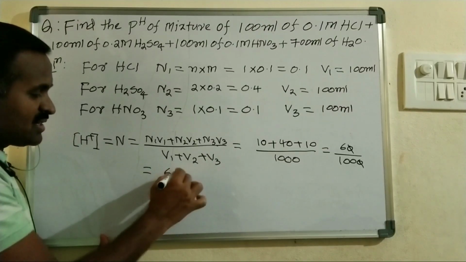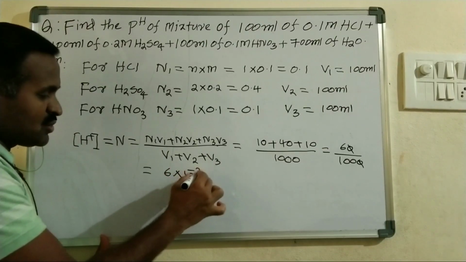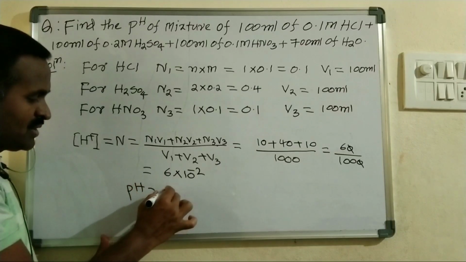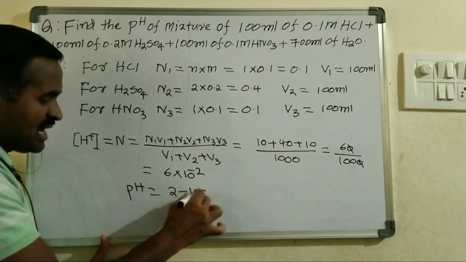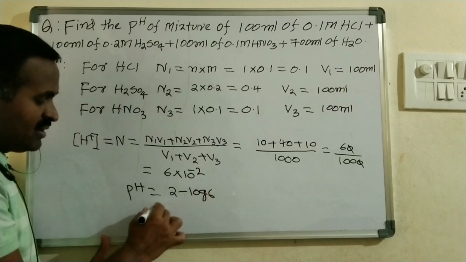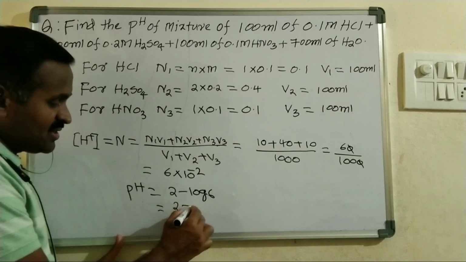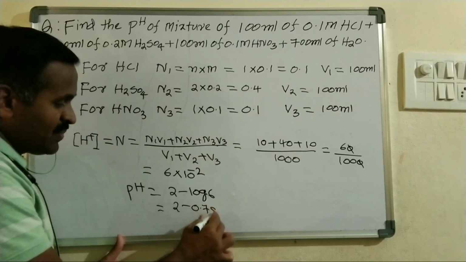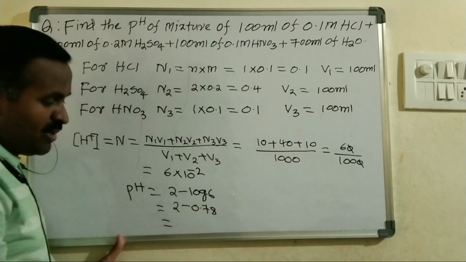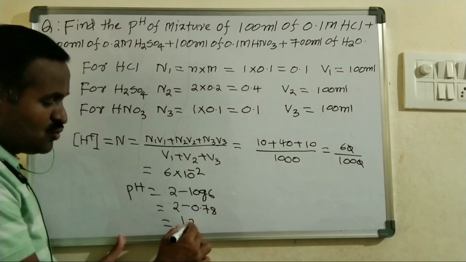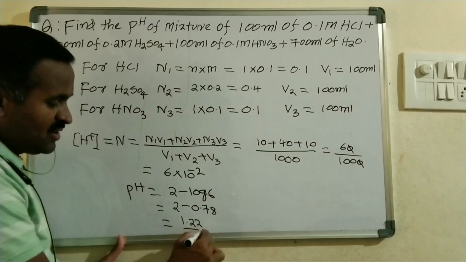I can write this as 6 into 10 power minus 2, and whenever I write it as pH, pH equals 2 minus log 6. The log 6 value is 0.78. Whenever it is 2 minus 0.78, I will get 1.22 as the pH for this particular mixture.